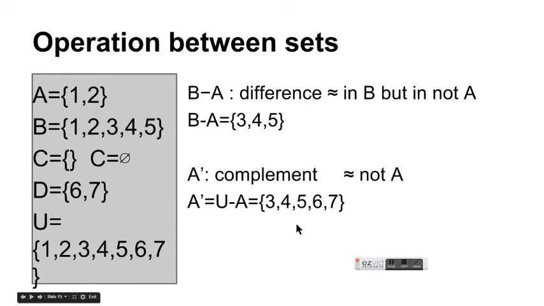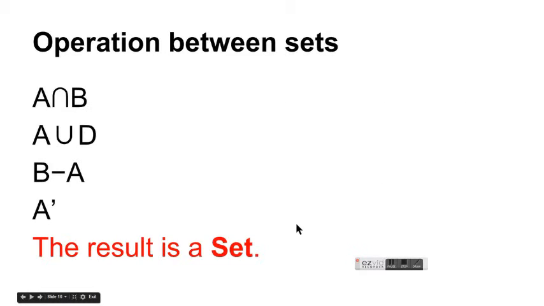This set will be the complement of A. Okay, notice that the result of an operation between sets would be a set as well. So the union of A and B, the intersection of A and B, or the union of A and D, the difference between B and A, this would be another set.